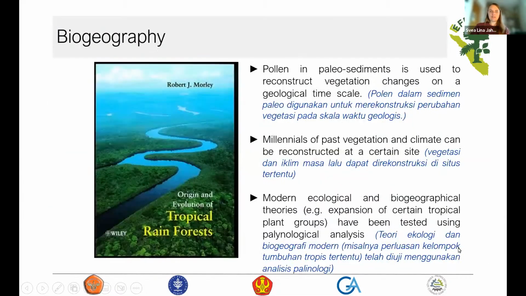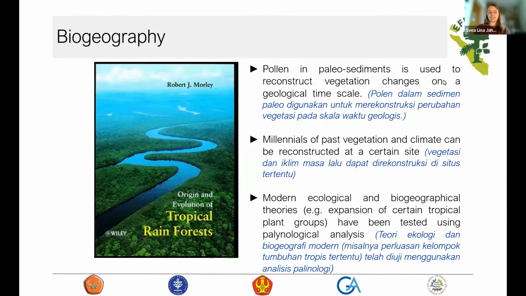Then let's get to biogeography. Here, pollen from Paleozoic sediments can be used to reconstruct vegetation changes on the geological timescale, covering millennia of past vegetation distribution and also climate variation, which can be reconstructed on a certain site where the paleo sediment has been taken from, for example, a lake or a peat bog.